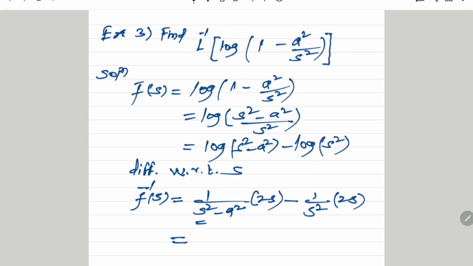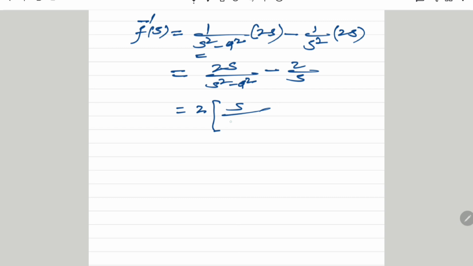Simplifying, we get 2s divided by s square minus a square minus 2 by s. That is, 2 times s upon s square minus a square, first term, and minus 1 by s, and that is equal to f dash of s.